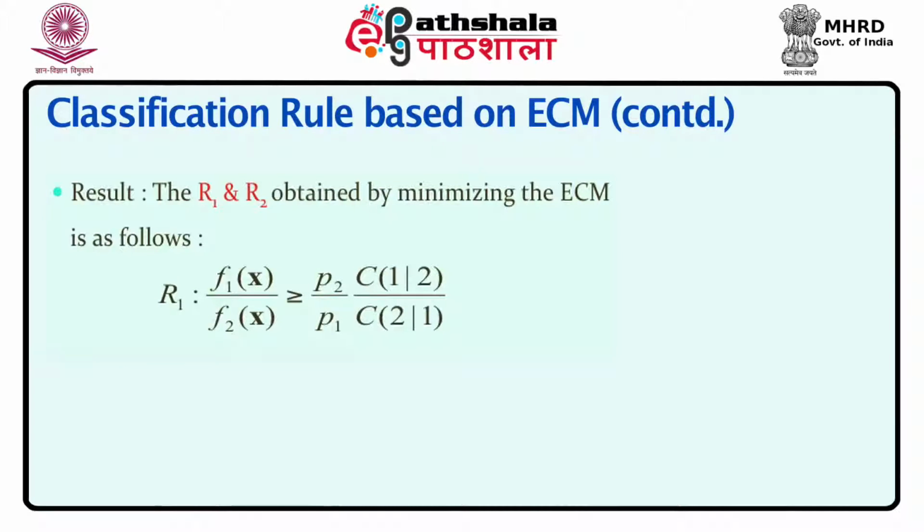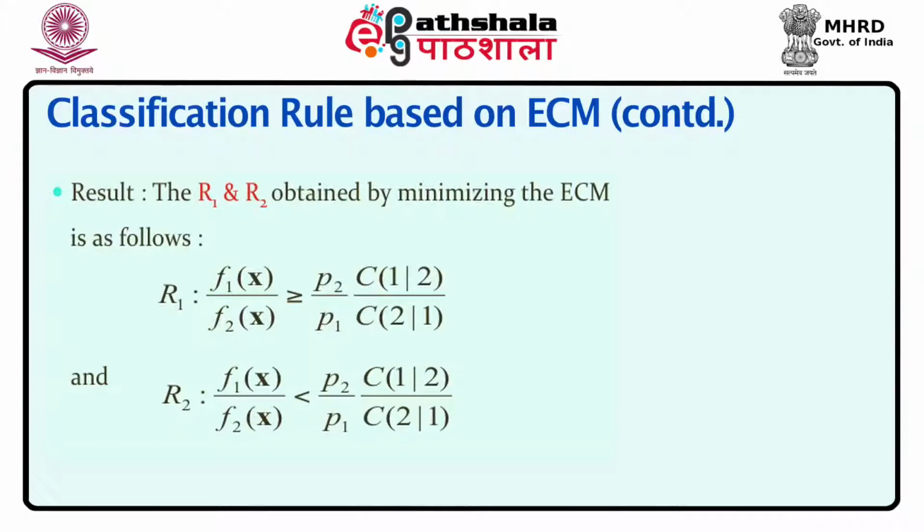R1 is given by f1(x)/f2(x) greater than or equal to (p2/p1) into the ratio of c(1|2) by c(2|1), and R2 is given by the complementary region, which is f1(x)/f2(x) less than (p2/p1) into c(1|2)/c(2|1).